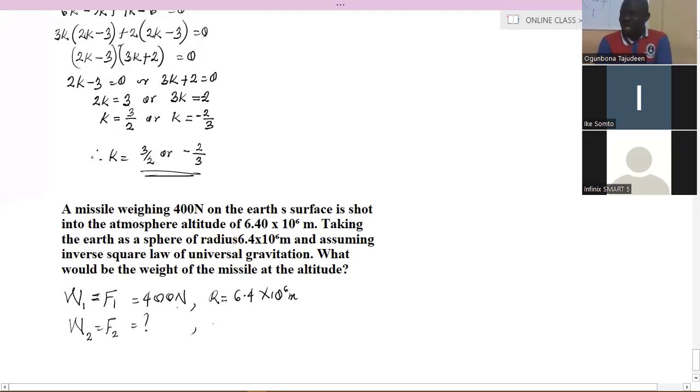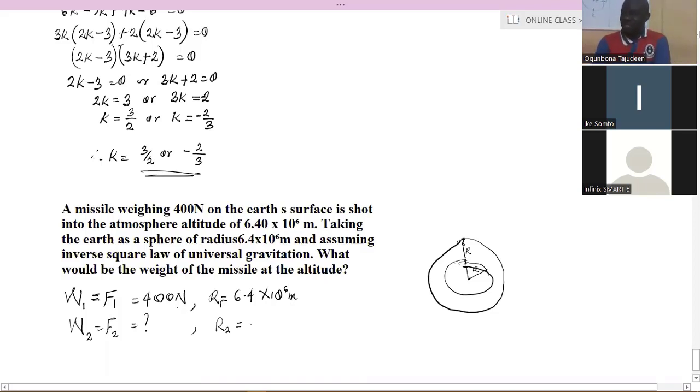Now, we have this R1. For R2, since it is at the altitude, it's like this. The Earth is like this, that's radius R. Then something is now above it, so that one will have its own circle around the edge of it, having another R. The missile will be up here like this.